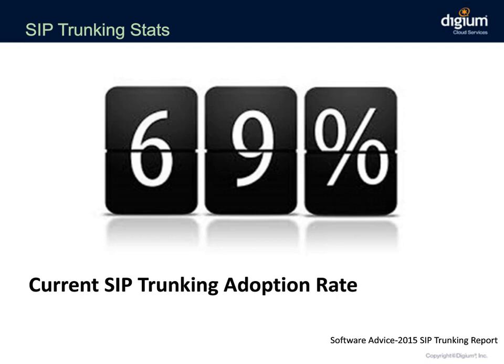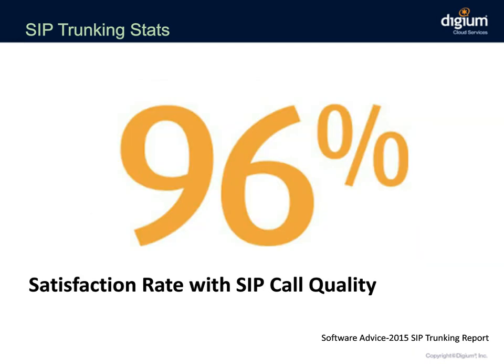So 69% of all businesses that were surveyed by them, I think it was like 10,000 different businesses, use SIP trunking in some form or fashion, whether it was their primary connectivity or maybe their backup connection, but they used it in some way. That same report found that 96% of people were satisfied with the call quality in SIP trunking.